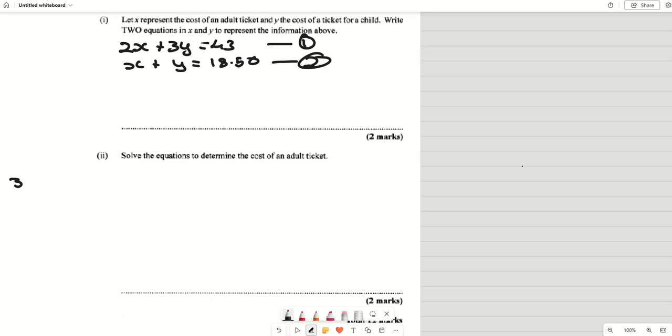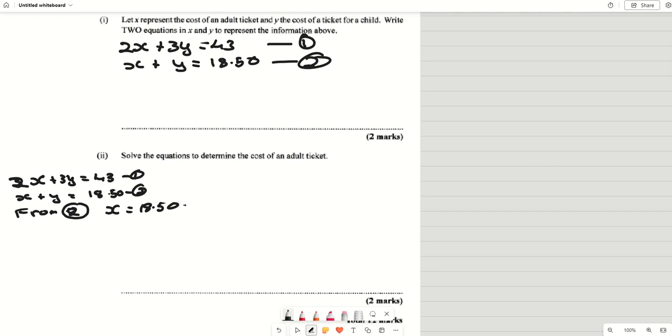So it's 2x plus 3y is equals to 43. That's equation 1. Then x plus y is equals to 1850. That's equation 2. Then from equation 2, you make x the subject, so x would be equals to 1850 minus y. That is equation 3. So wherever you see x, you put in this.